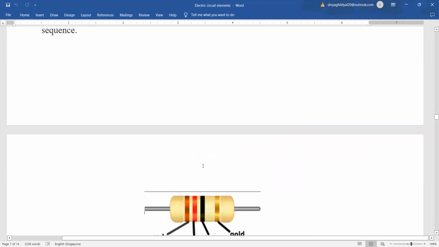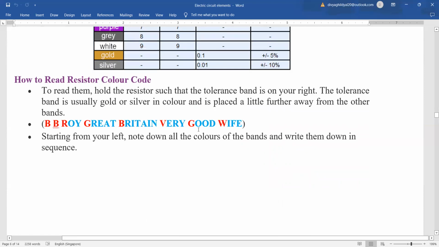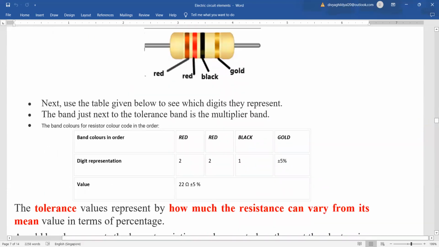So I will check from this table. Red is 2, black the multiplier is 1. So 2, then black multiplier 10 to the power of 1, and tolerance is plus minus 5% for gold. So the numerical value is 22 ohm plus minus 5%.